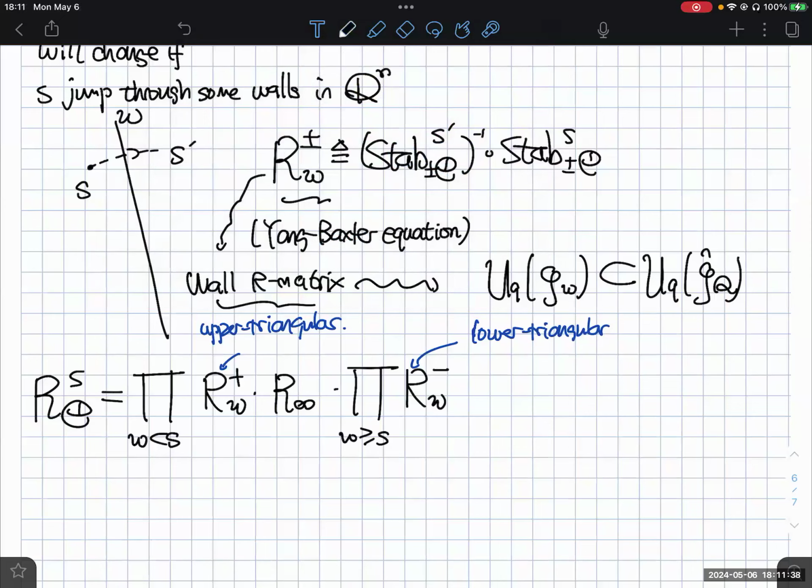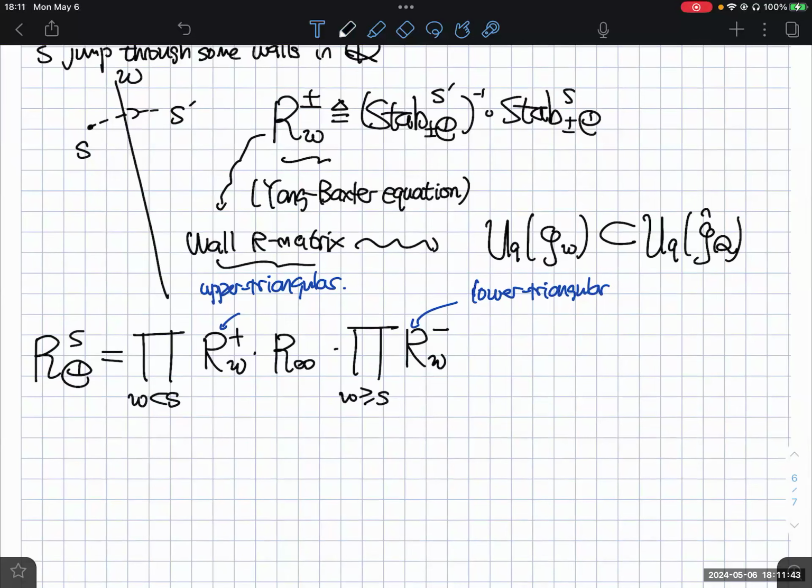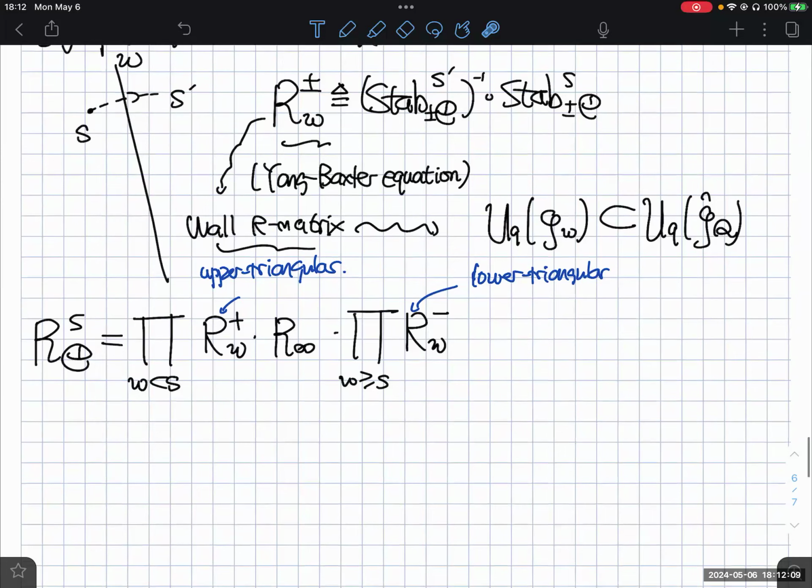As a digression, this geometric R matrix has matrix coefficients that are rational functions with respect to the equivariant parameter. And this factorization, you can think about it as doing some Lagrange expansion of each of these matrix coefficients with respect to a formal power series. So from this point of view, there should be some kind of factorization.